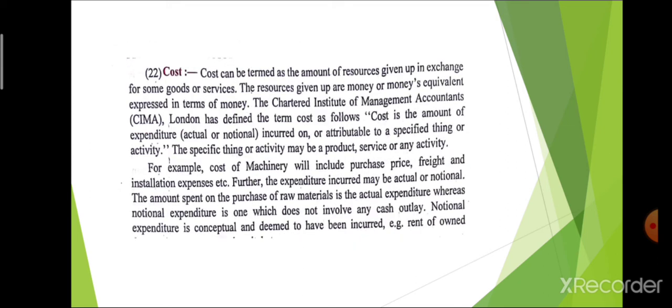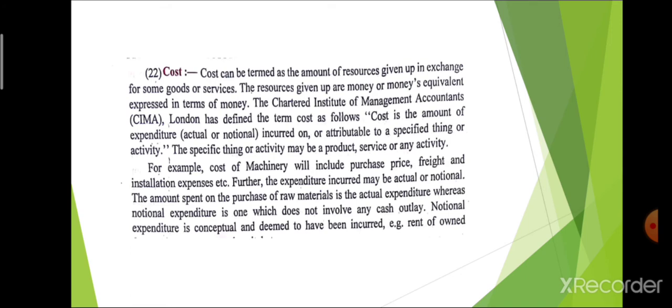Cost. Cost can be termed as the amount of resources given up in the exchange of some goods and services. For understanding the concept, here one example is given. Cost of machinery will include purchase price, freight and installation. It means that suppose we purchase a machinery of rupees 2 lakh, the freight charges are rupees 10,000, and the installation expense is rupees 10,000.